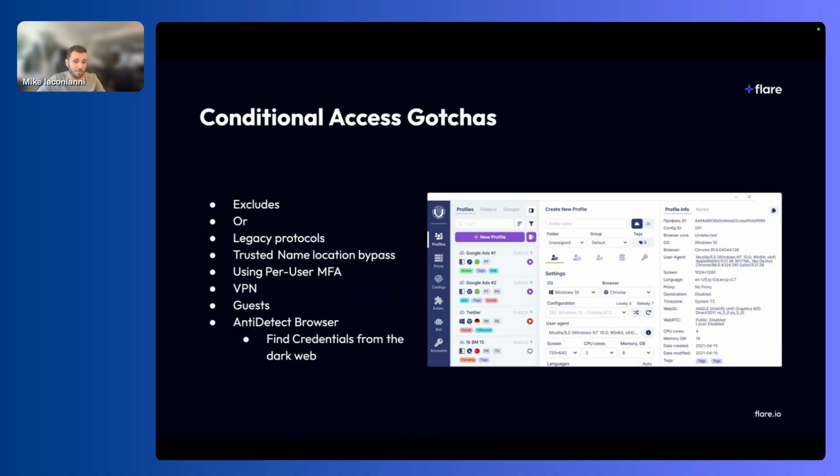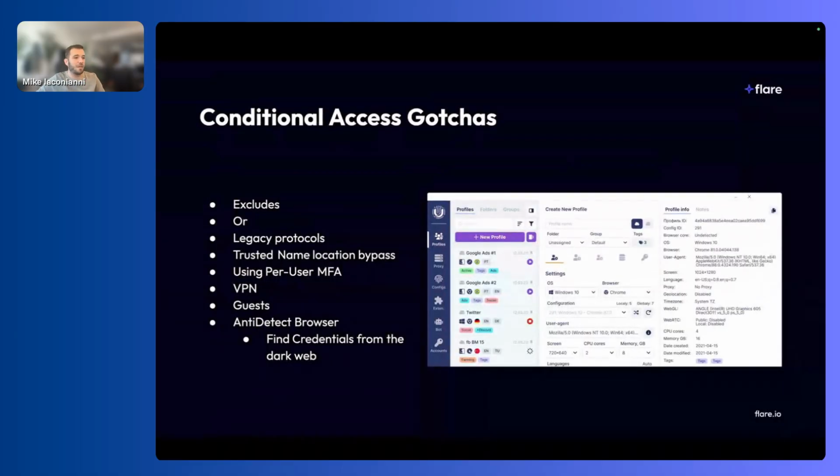Next one is VPN ranges. Put VPN ranges into your conditional access policies where you're denying access from them, except obviously your VPN if you're using it.